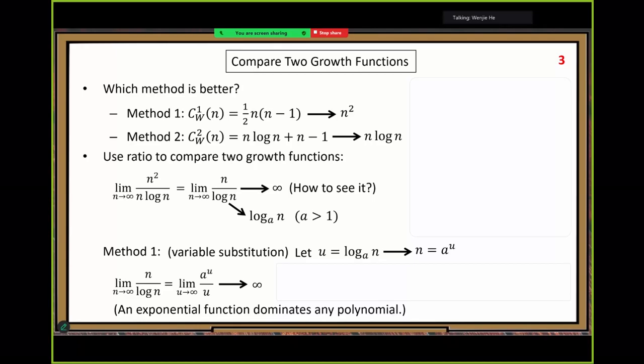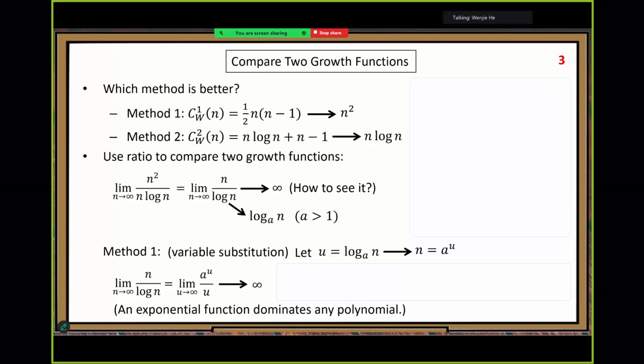So an exponential function with base greater than 1 dominates any polynomial. Dominates means when you take the limit, as it goes to infinity, it's infinity. That's our meaning of dominant here.